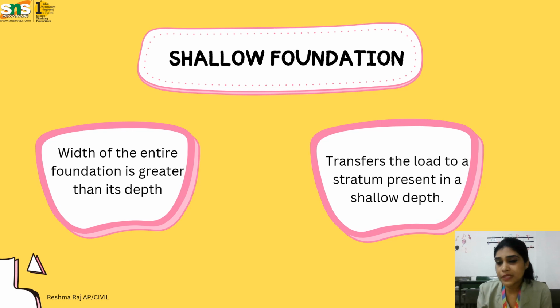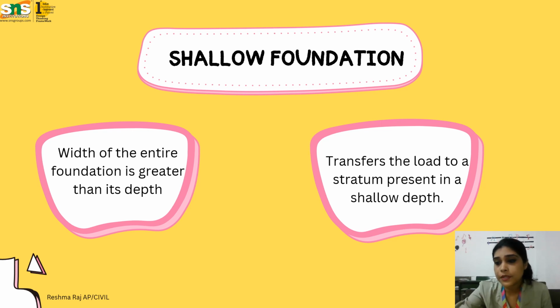However, they may not be suitable for highly compressible or expansive soils, which can lead to excessive settlement. In this type of soil the load bearing capacity is very low, so settlement or shifting of the building will occur if you go for shallow foundation.